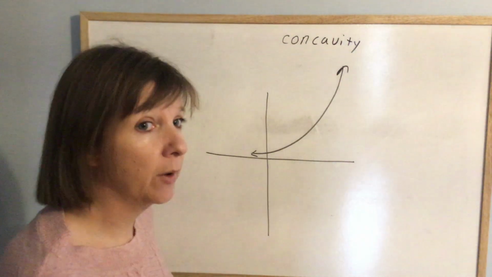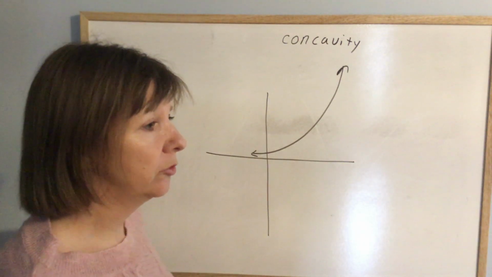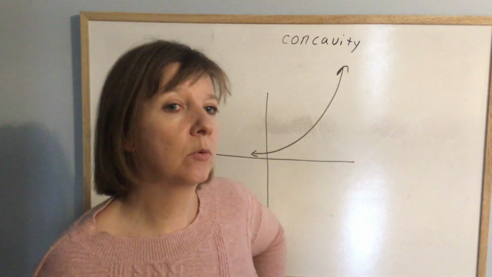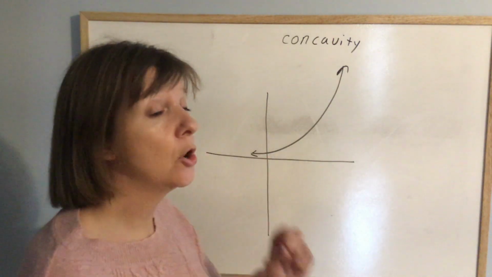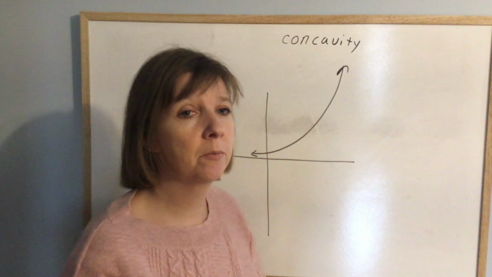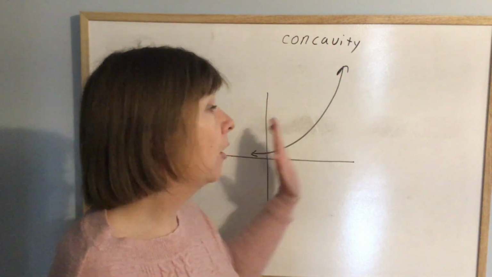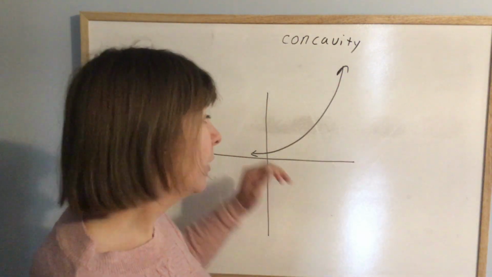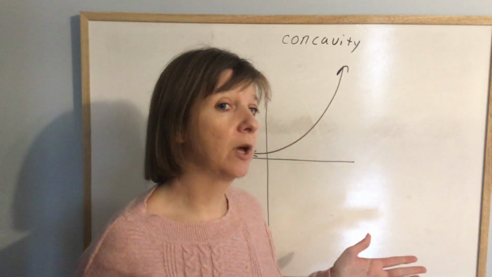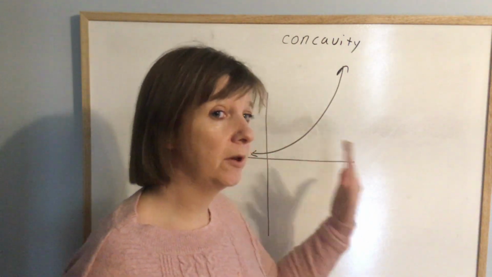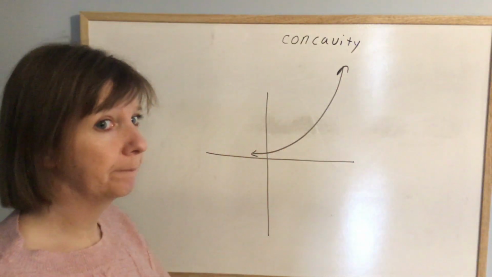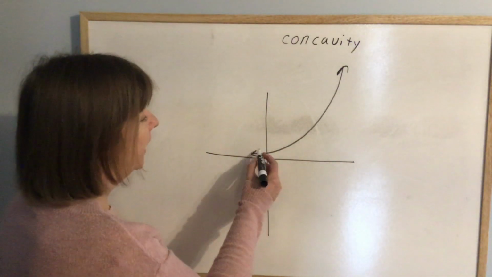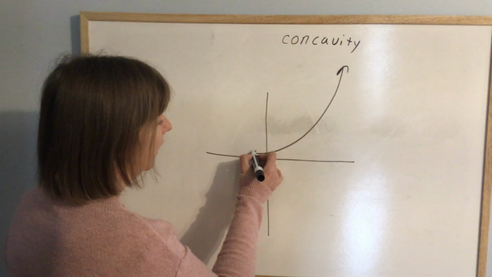It's always going up. If I were to take the first derivative and make it equal to 0, I would find there were no local maximums or local minimums. The graph was just always increasing. But I wouldn't know that there was a curve to it. For all I knew, it would be a straight line. So how do I know about this curve? That is the concavity.